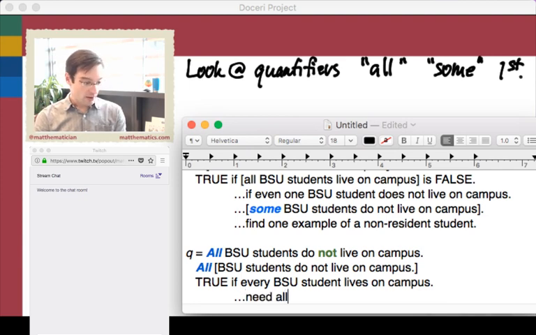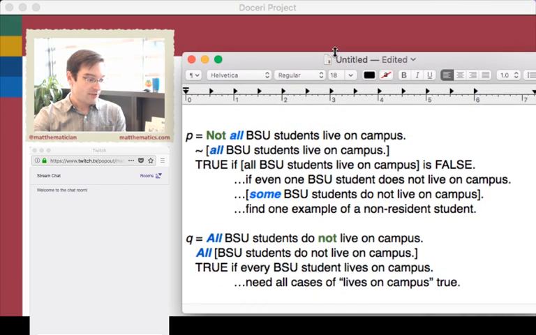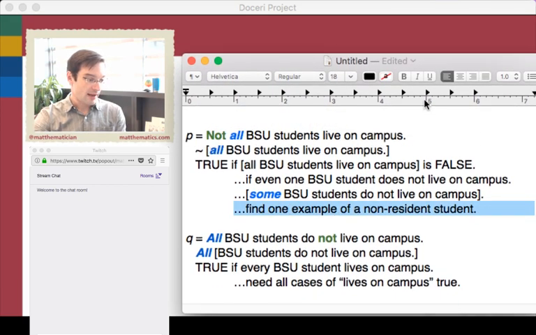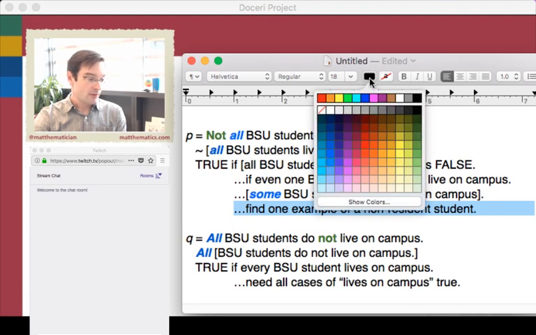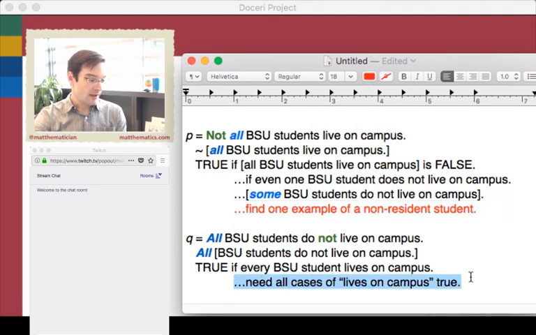Need all cases of lives on campus to be true. And you'll notice that these two logical statements have different burdens of proof. I'm going to highlight them here. So this one and this one. In fact, they're making very different claims.